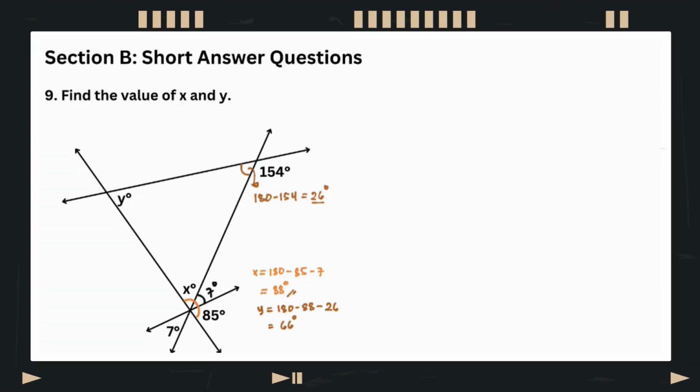Alright, so that is the answer for y, and the answer for x is 88 degrees.